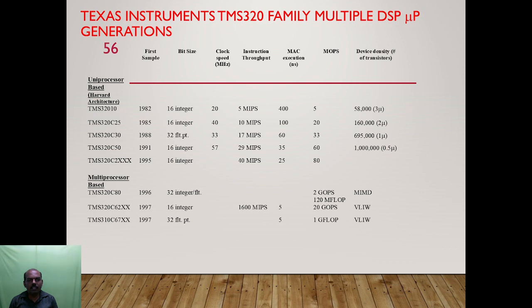These are the years, then bit size, then the clock speed, then how many instructions per second, then how many nanoseconds, then device density of the transistors. The next is multiprocessor based DSP: TMS320 C80, TMS320 C62 series, TMS320 C67 series.